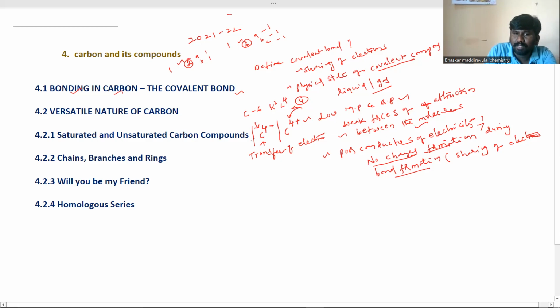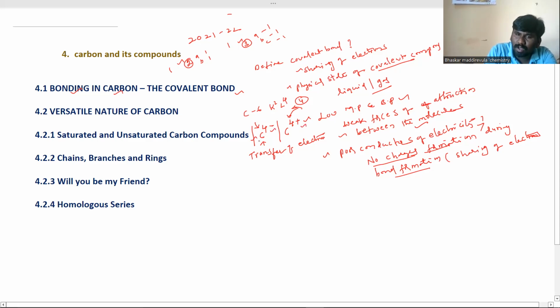And carbon cannot lose 4 electrons, because the process requires very high energy. That's why carbon does not form bonds either by gaining or by losing electrons.